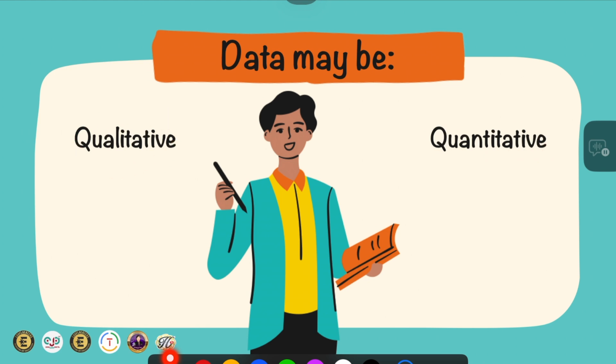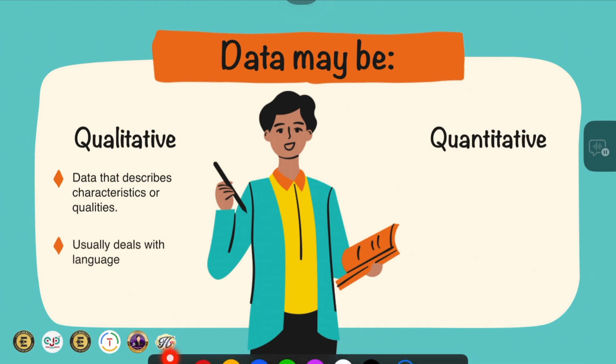Qualitative data describes characteristics or qualities, and usually we deal with language. Quantitative data is data that can be quantified or measured, can be calculated, so usually we deal with numbers. So there are two different types of data, qualitative and quantitative.